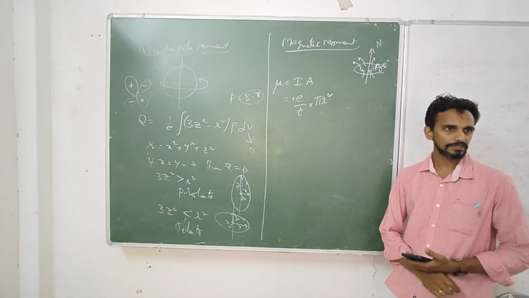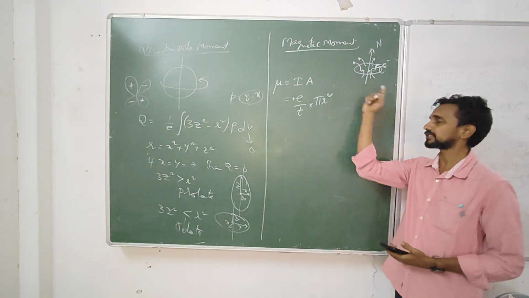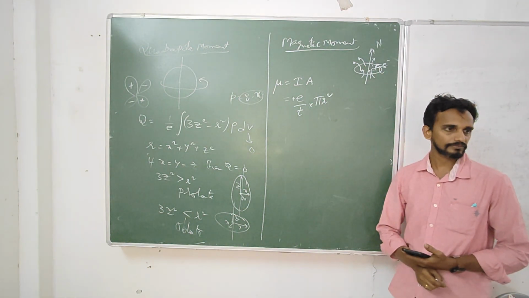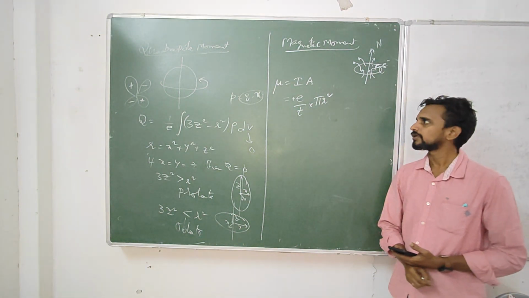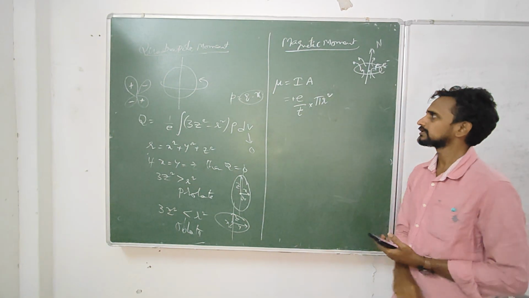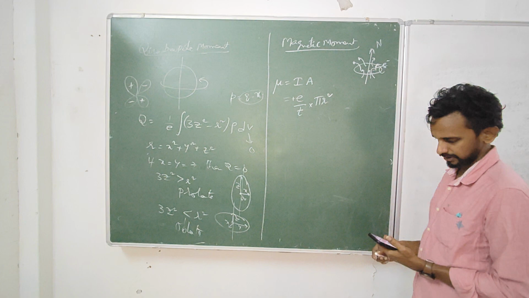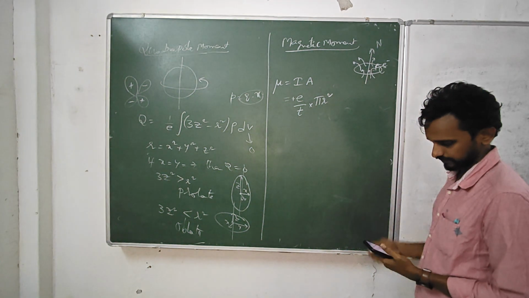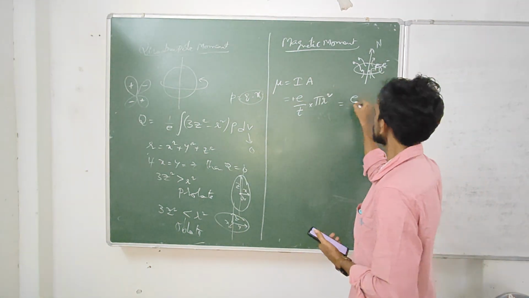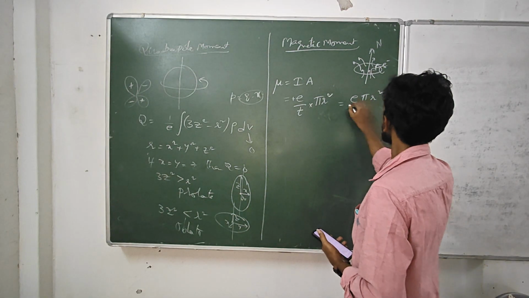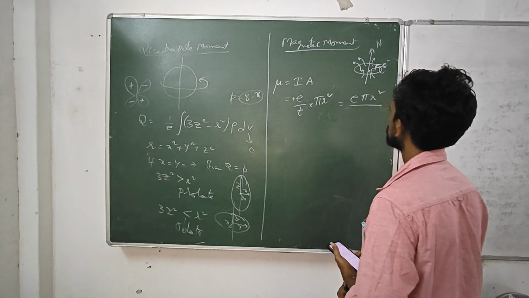Pi r square is the area of that circular part. So now I have to look for charge, and about time. What shall I write?